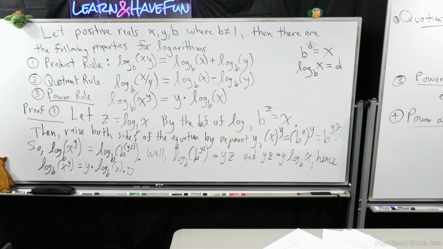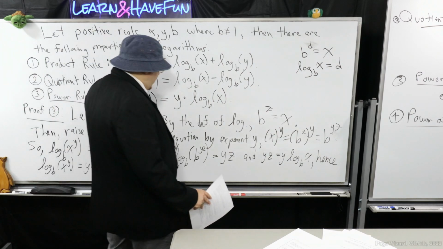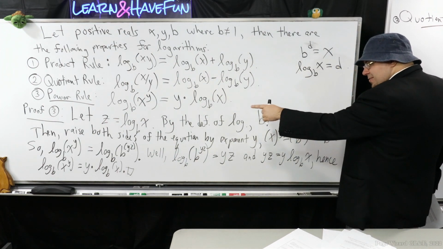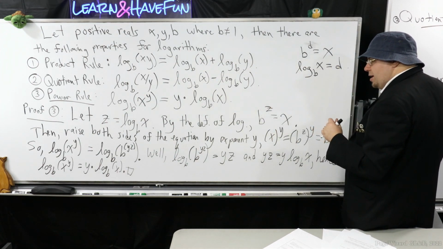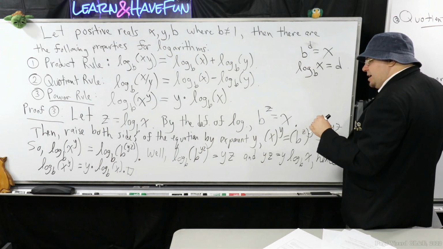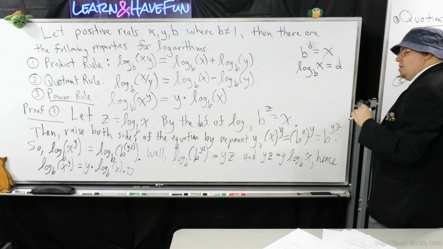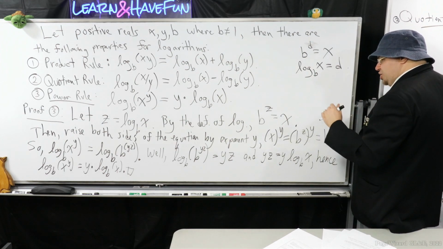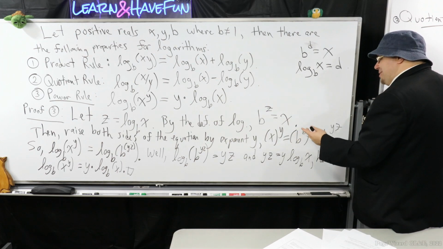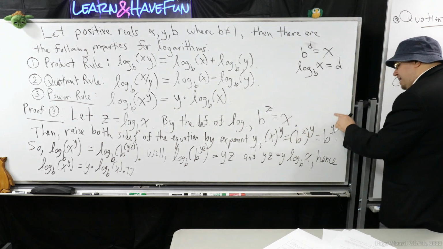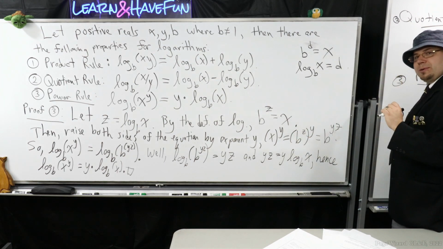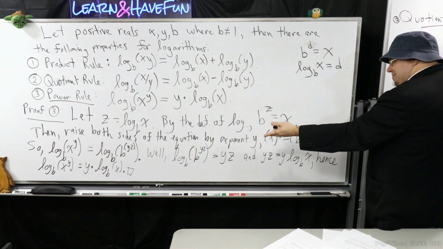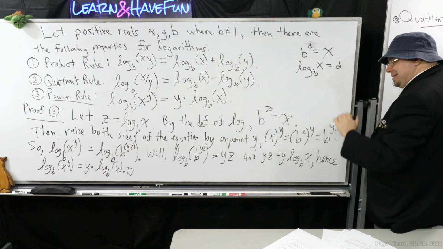Just to recap this, we figured out that log base b of x to the power of y is equal to log base b of b to the yz. The right-hand side is just equal to yz, and we established that yz is just y times log base b of x because of the first way we defined z. Since those two are equal, this has to be the case too.